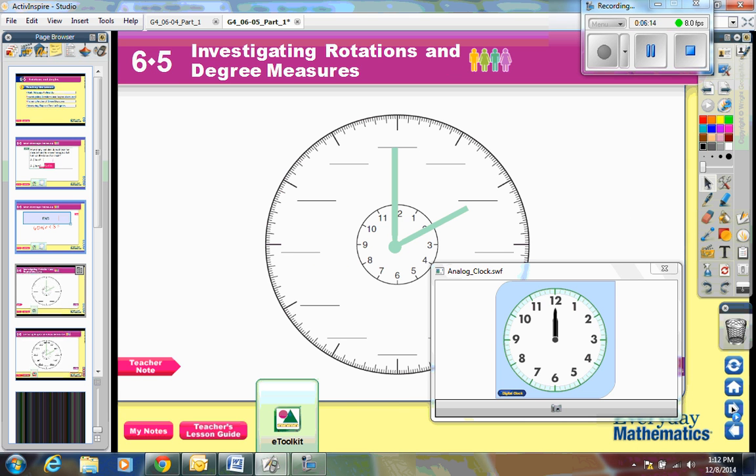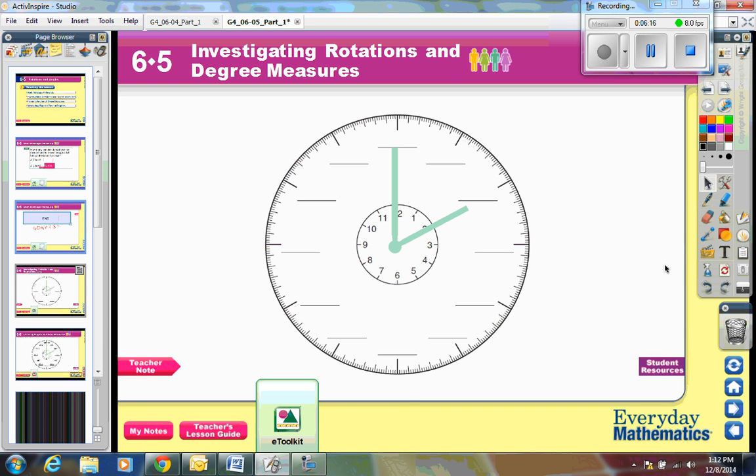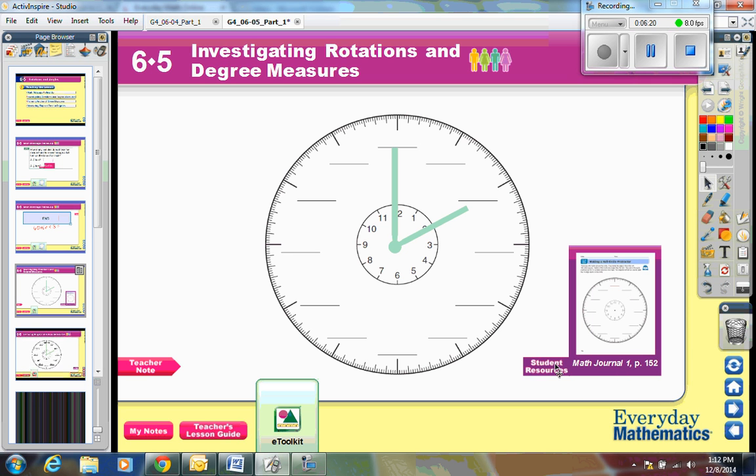Now, on the screen, I have a picture that resembles the same picture that is on page 152 of your math journal. So please take out your math journal and turn to page 152. Notice that on my screen, I have a very small circle that resembles our clock that we were just using.